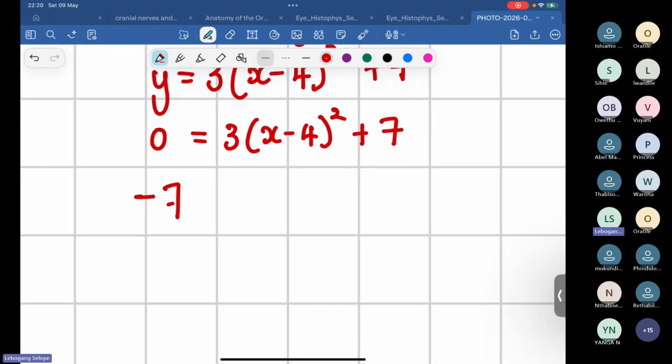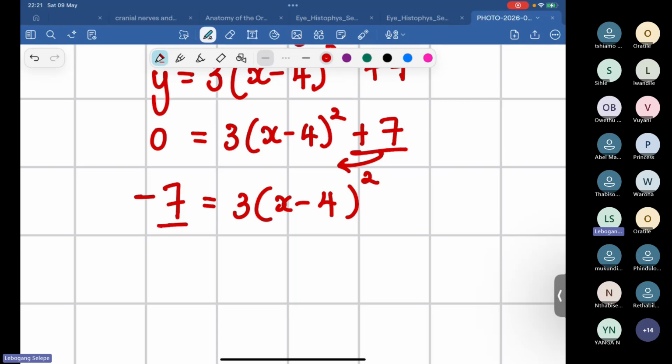I did not do anything much. I just moved the 7 to the other side. And then now you have negative 7 is equal to 3 into x minus 4 squared.